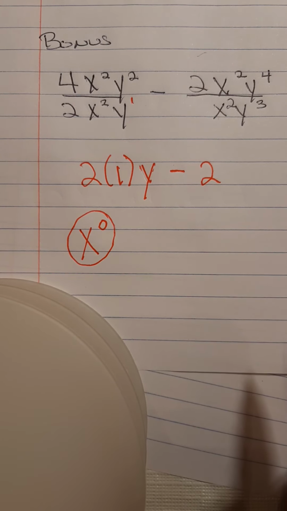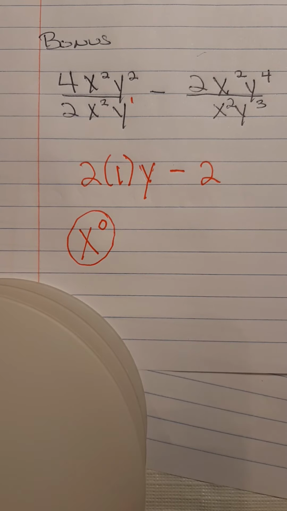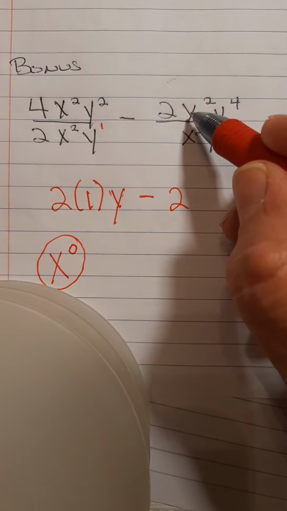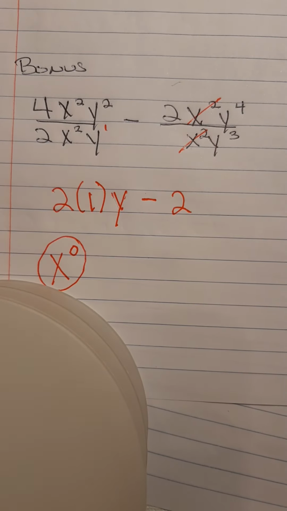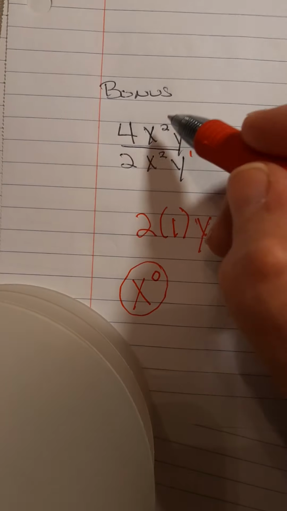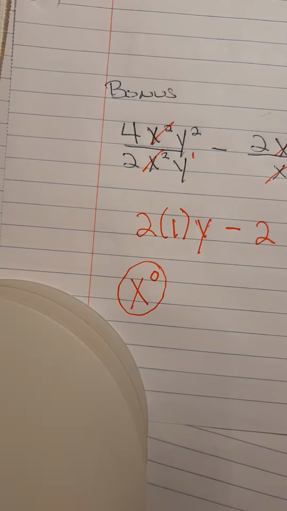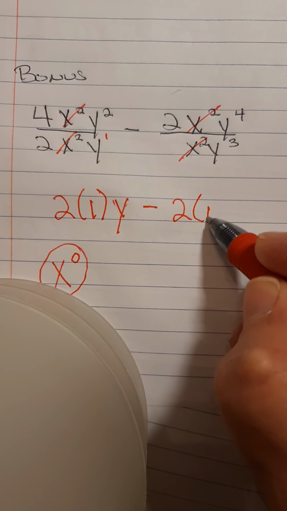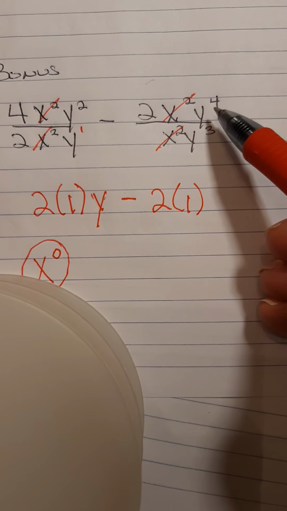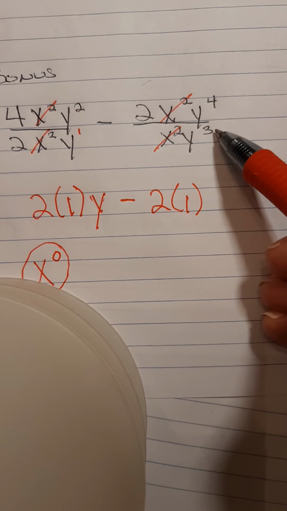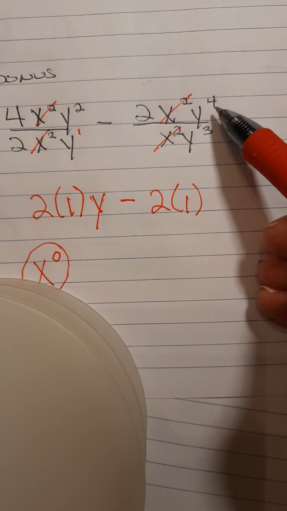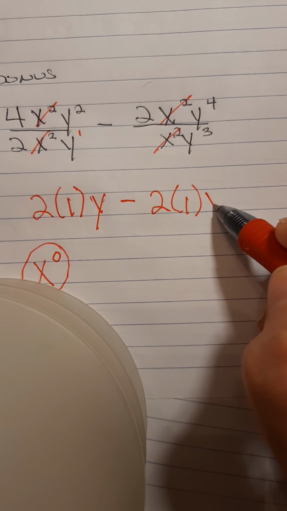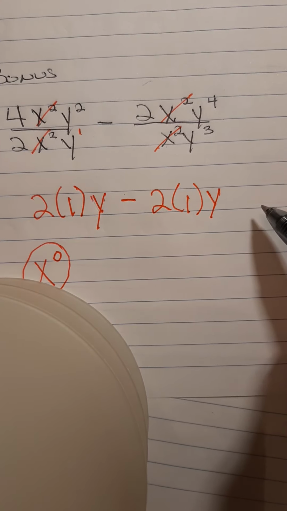I know it's crazy, but it's true. Common sense would tell you, look, they would cancel out, which would be 1. Do you see it? They would cancel out. So anything to the 0 power is 1. And then y to the 4th over y to the 3rd is like saying y to the 4 minus 3, which would be y to the 1st.